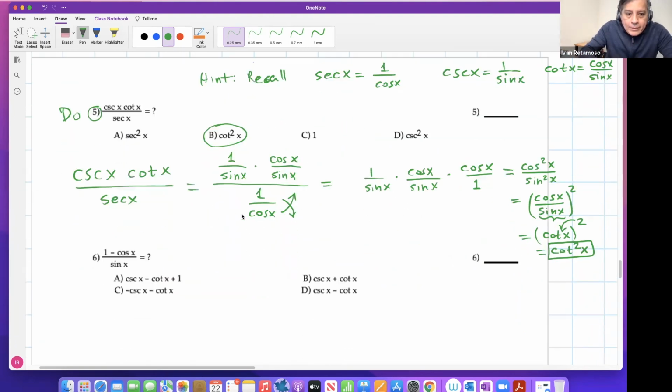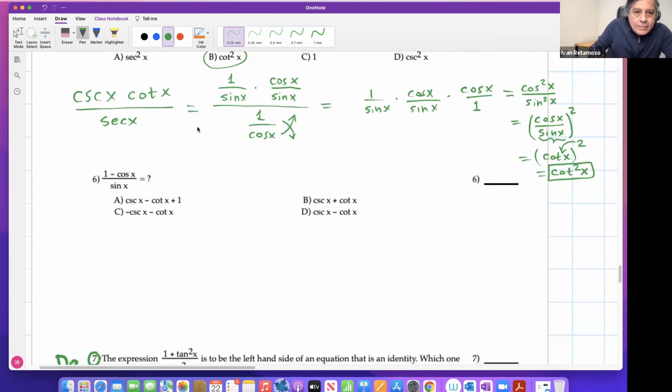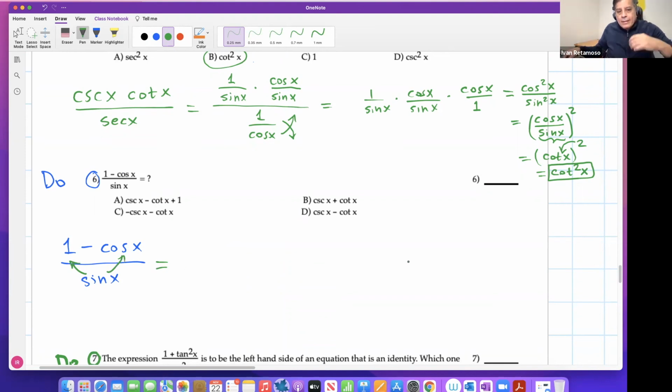What about number 6? Let's try to finish with number 6 perhaps. If there is more time, we can do one more. Do this, guys: 1 minus cosine of x over sine of x. Hint, distribute the division here and get it done that way. And use, of course, the reciprocal identities and the quotient identities, right?